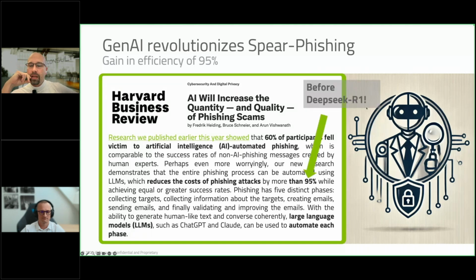So in other words, the effort for the attackers will be reduced even more significantly with better GenAI tooling and more efficient large language models. And therefore, we really have to ensure that we have very, very strong capabilities in place to protect us against spear phishing.